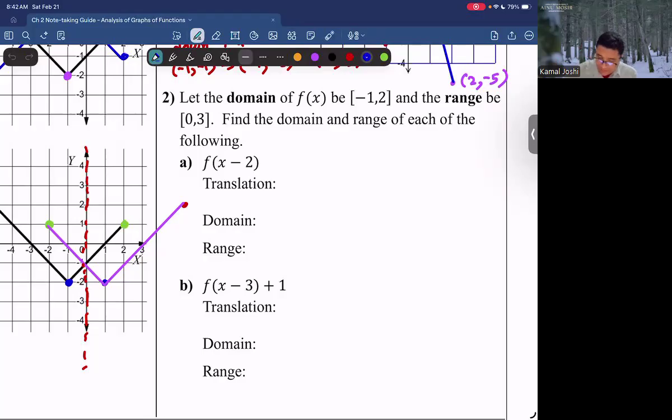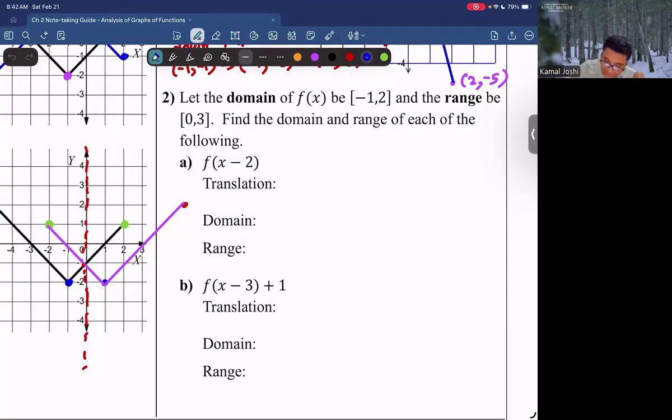The question is asking you to find the domain and range, but in the guided answer that I have created, first I want to write the translation or stretching or whatever, the kind of action that has been taken on the graph. If you first focus on what has been modified, that will help you decide the change in the domain and range as well.